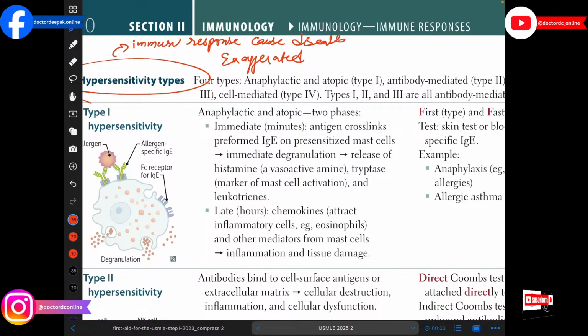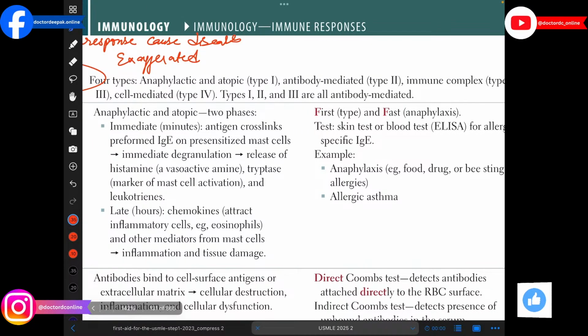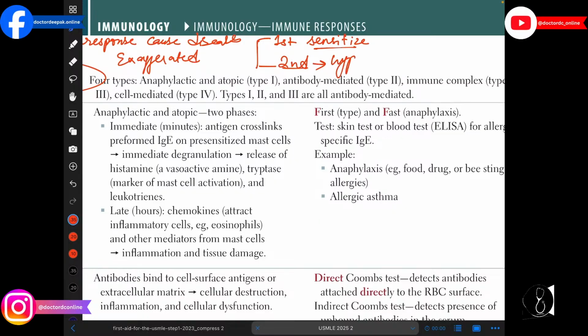What happens is that with the first contact with the antigen, the body will sensitize. It will generate an immune response with antibody and memory cells. But when that same antigen comes a second time, the second contact will go with the hypersensitivity phenomenon.